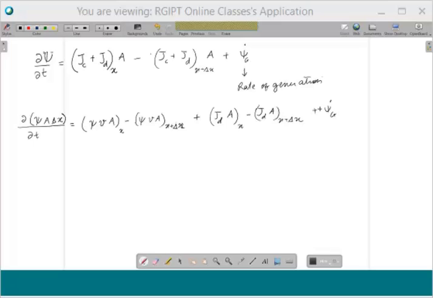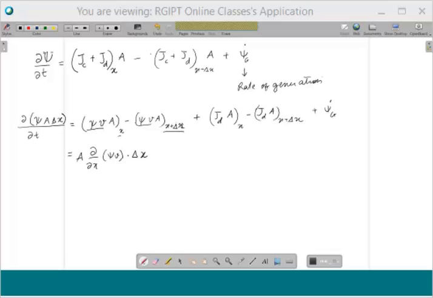Now, by our design, the area is constant, so A at x and A at x plus delta x are the same. I can take this outside, and I'll have the quantity psi v at x minus psi v at x plus delta x. To first approximation, in the limit delta x going to 0, I can expand it as minus del by del x of psi v times delta x.